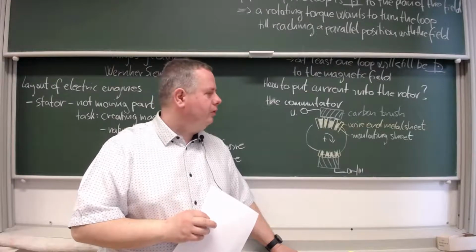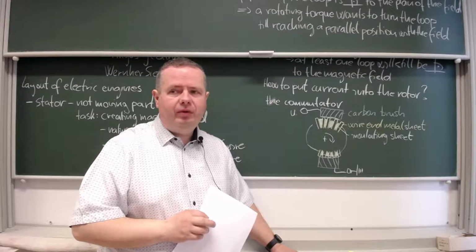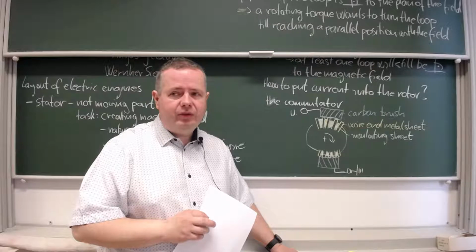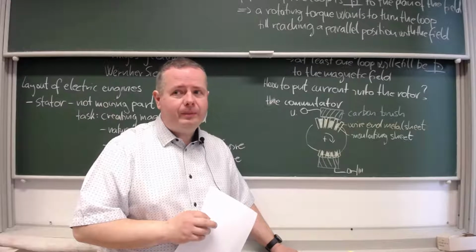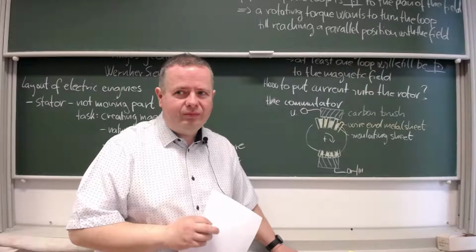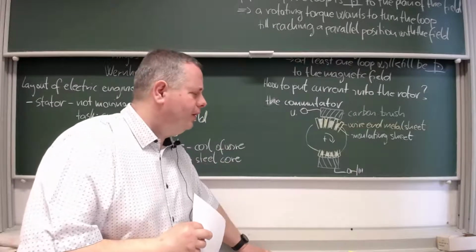So this is what I wanted to tell in a nutshell about the principle of how an electrical engine works. Again, it works upon the reaction of two magnetic fields, and one magnetic field can move relatively to the other.